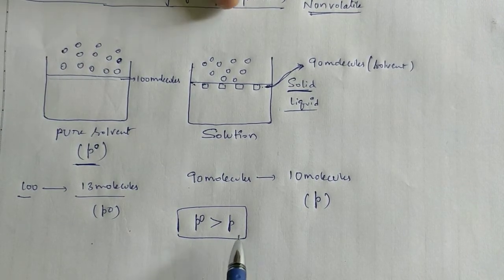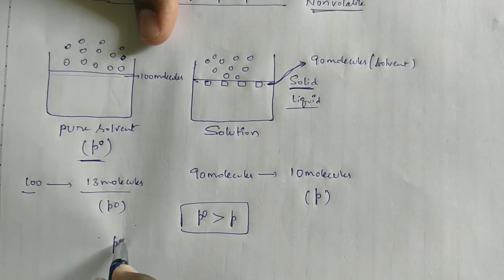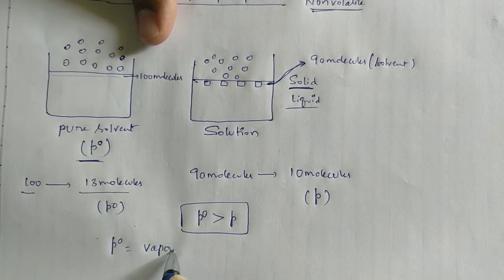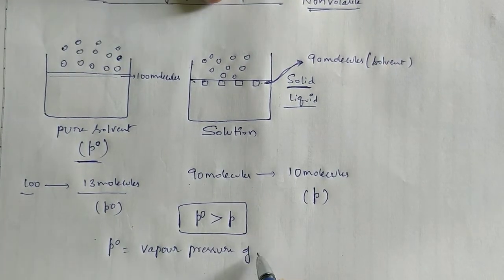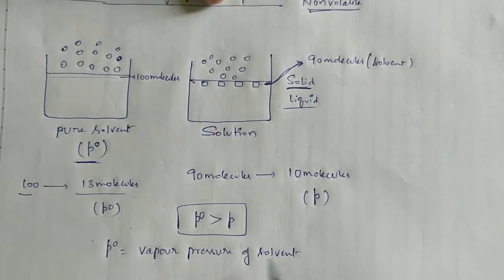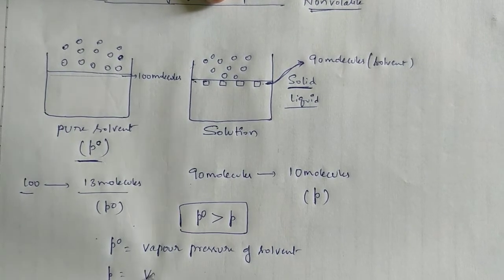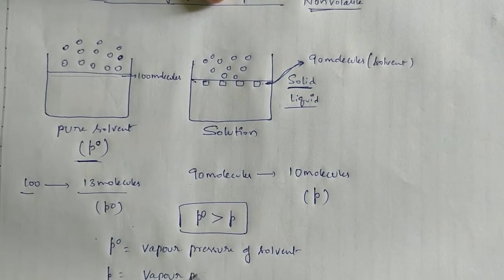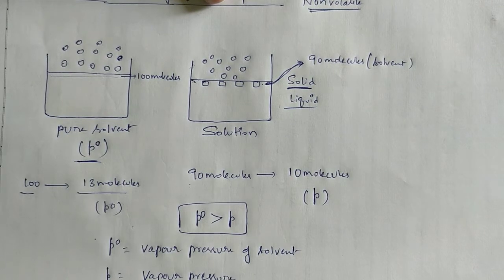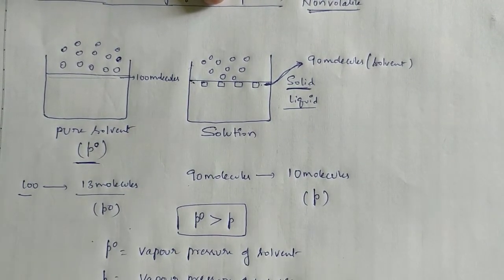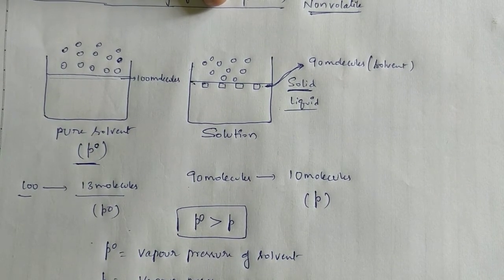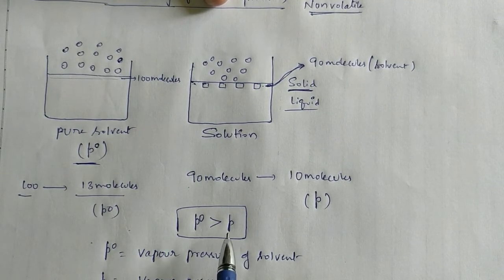This P is called the vapor pressure of solution. P0 is called the vapor pressure of solvent, P is called the vapor pressure of solution. So every time P0 is greater than P.